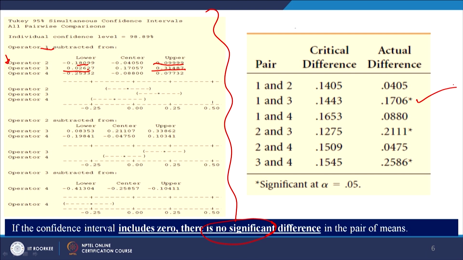Let us look at another group, for example, group 2 and 4. Of course, there is a 0 value between lower and upper limit. So, there is no significant difference between 2 and 4. Star means there is a significant difference at this value of alpha 0.05.